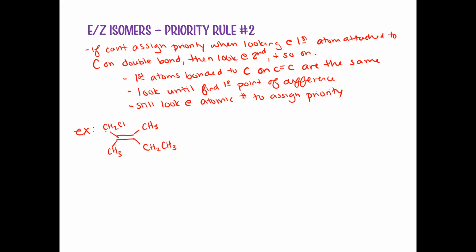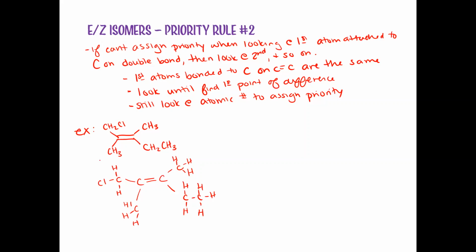You may see C bonded to H2, and this C bonded to H, but you need to look at the actual structure. So C is bonded to Cl and H, bonded to C, double bonded to carbon. This one is C, hydrogen, hydrogen, hydrogen. Then on the other side, it's carbon, hydrogen, hydrogen, hydrogen, and then we have a CH2 group bonded to a CH3.